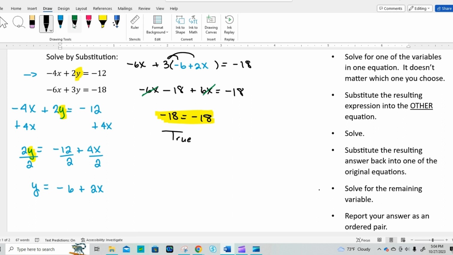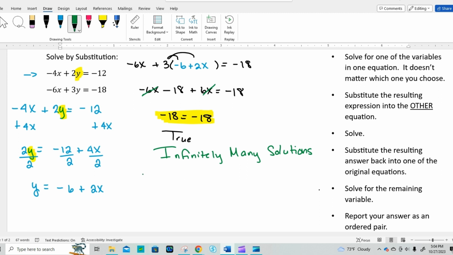So my answer really is not an ordered pair, because there are infinitely many ordered pairs. I can't write them all down. There are too many of them. So I could either express my answer as infinitely many solutions, or I could express my answer in set builder notation.